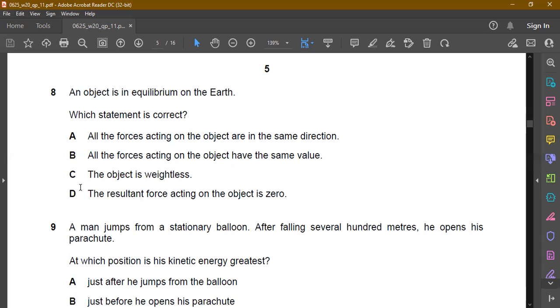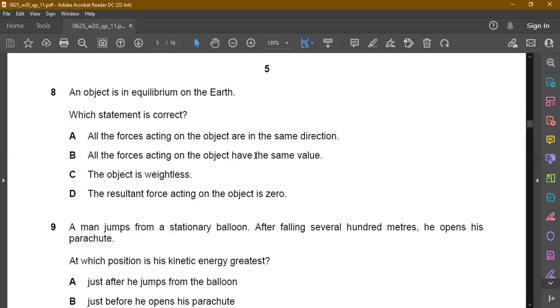For C, I think this option must be the first option that we have to eliminate because it's mostly impossible for an object to be weightless, right? And then all the forces acting on the object have the same value.